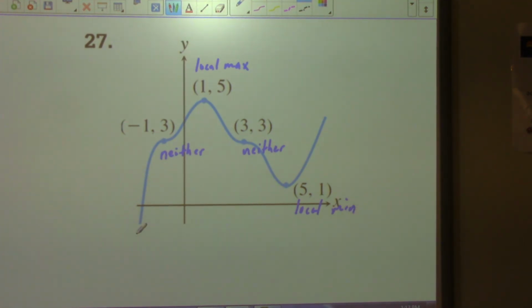And where are we increasing on? And anywhere else? 5 to infinity. And where are we decreasing? Okay. All right.